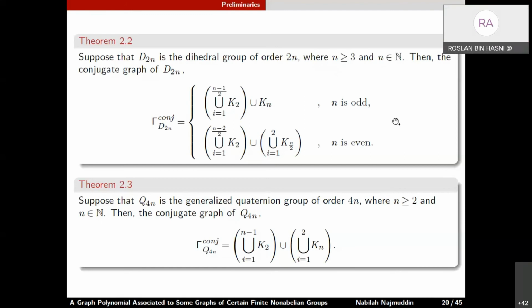What happens if you consider other graphs, like the conjugate graph of D2N, the hybrid group? Do you mean the conjugate graph only or other types of graphs? For other types of graphs, it does not necessarily. Other types of graph, no, it can be.